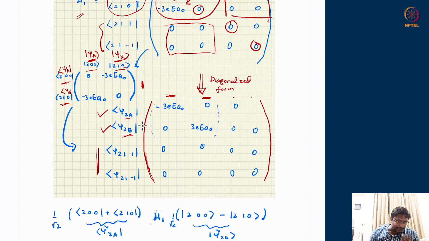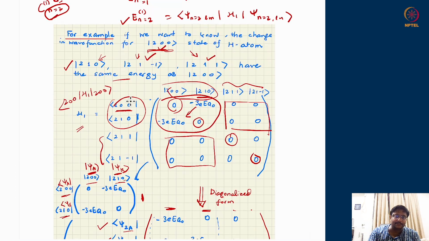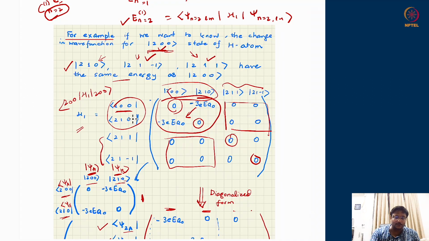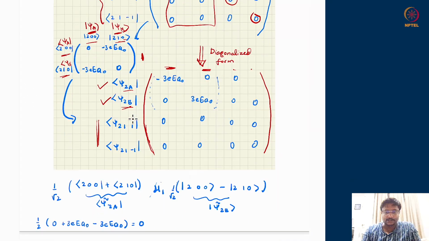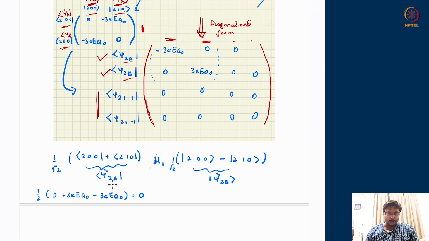So indeed it is possible to diagonalize this perturbation Hamiltonian for the n equal to 2 subspace, and it so happens that psi 2a is the superposition of the two states, 200 plus 210, with 1 by root 2, and psi 2b is the difference, 200 minus 210, with 1 by root 2.